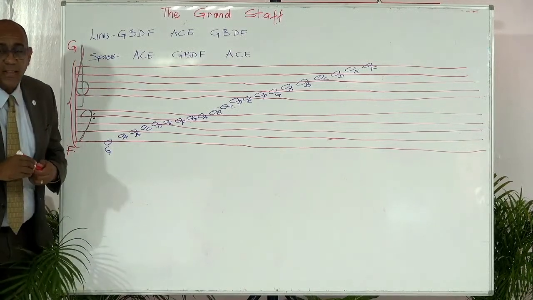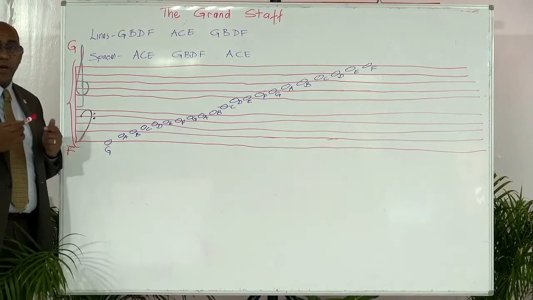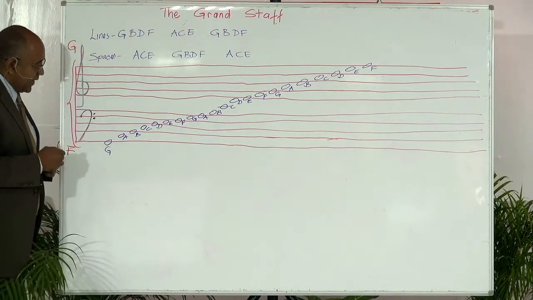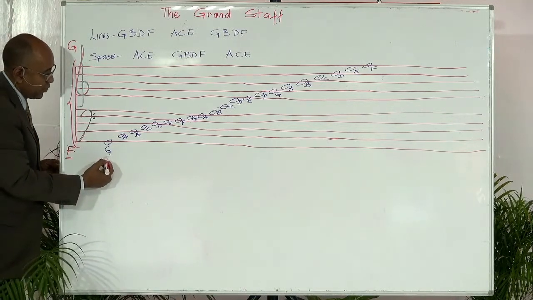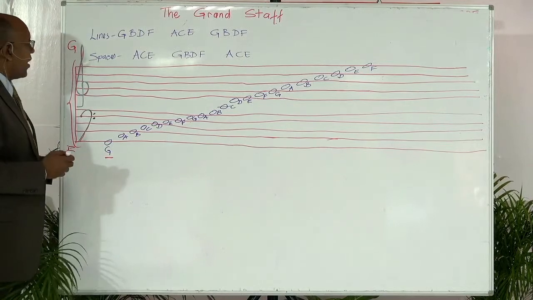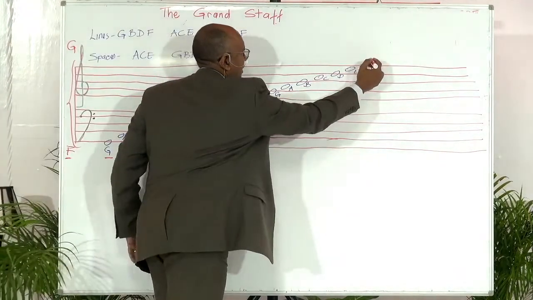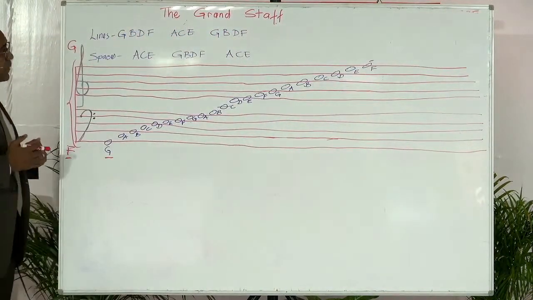And the thing that is so funny about the treble clef and the bass clef, or the G clef and the F clef, is that on the F clef, the lowest note is G, and on the G clef, the highest note is F. So remember that.